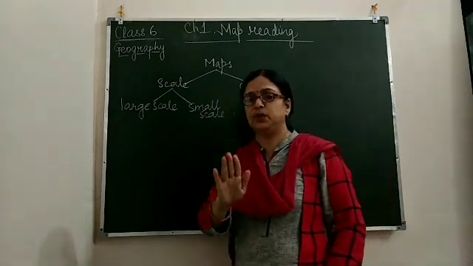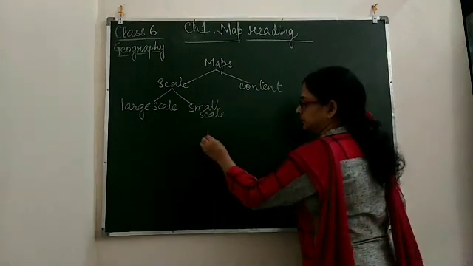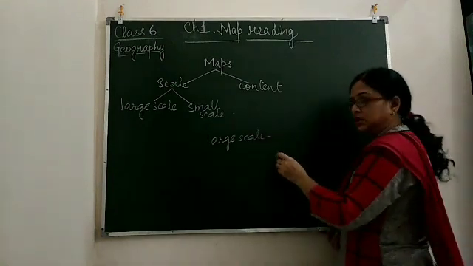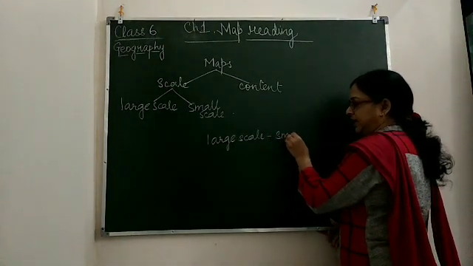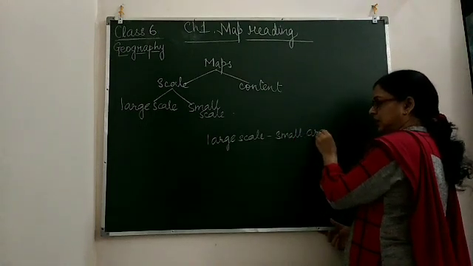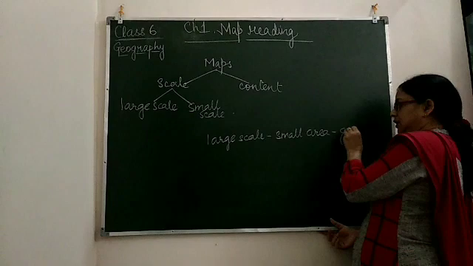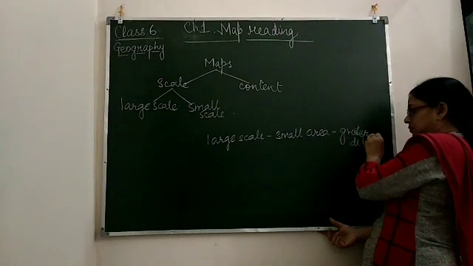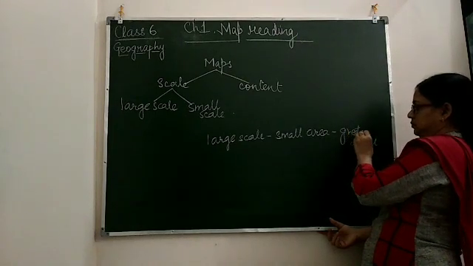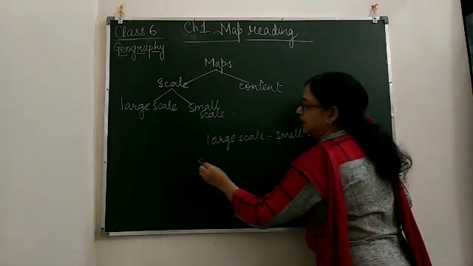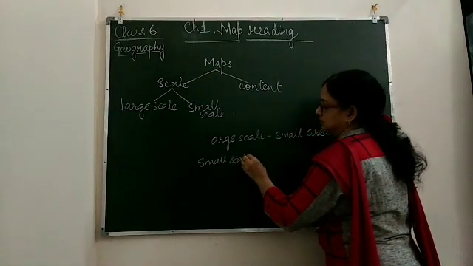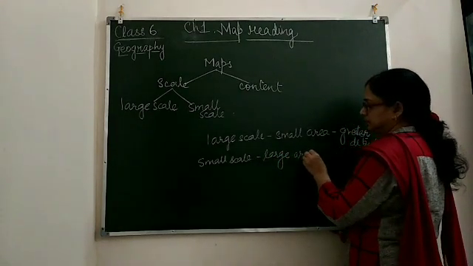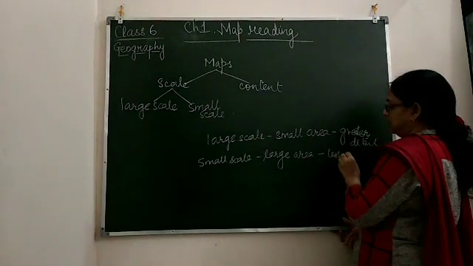What is the difference between them? A large scale map shows a small area in greater detail, whereas a small scale map shows a large area in less detail.